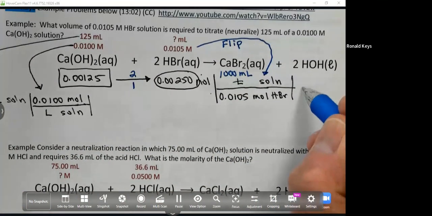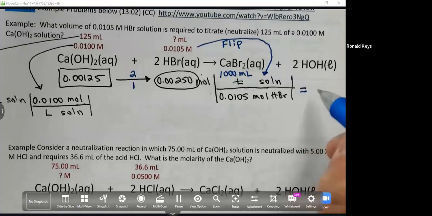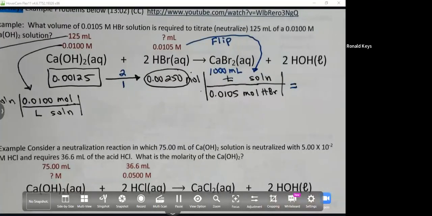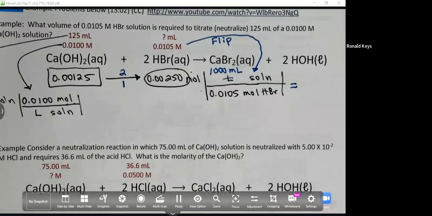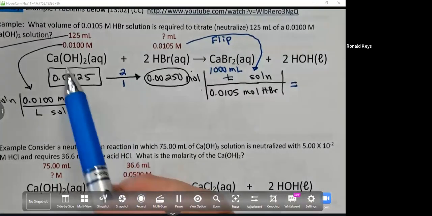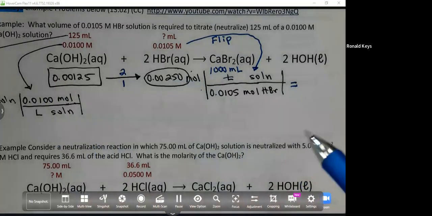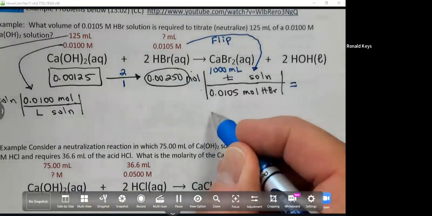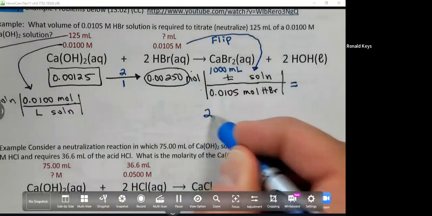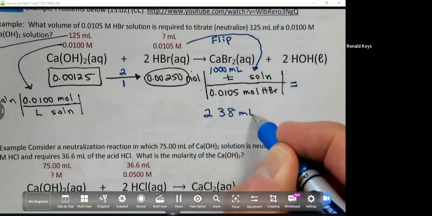So for the lab this week, you could calculate out exactly what you are going to add. And unfortunately, I think the lab is 1-to-1. All the ratios are 1-to-1, so it's really super easy to calculate. I think we get, how many sig figs? 3 sig figs all the way through gets us 238 milliliters.